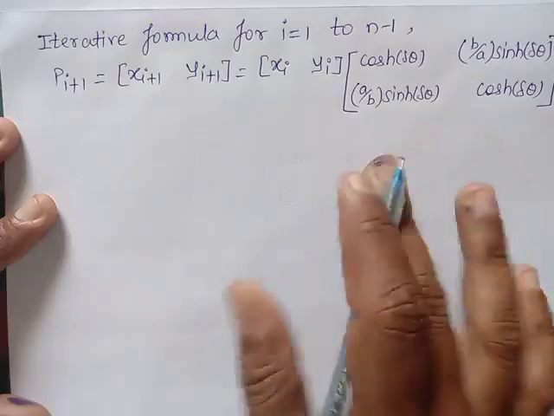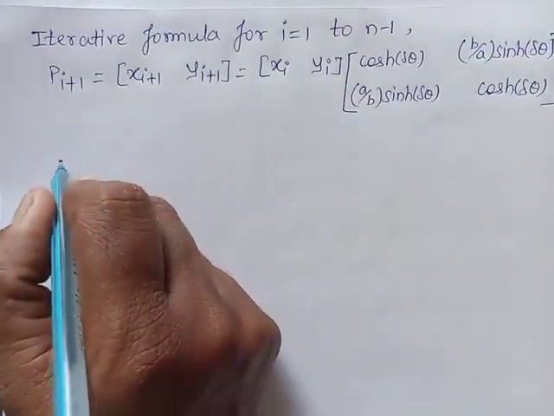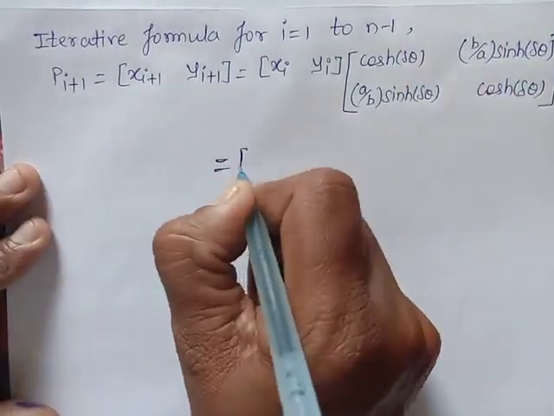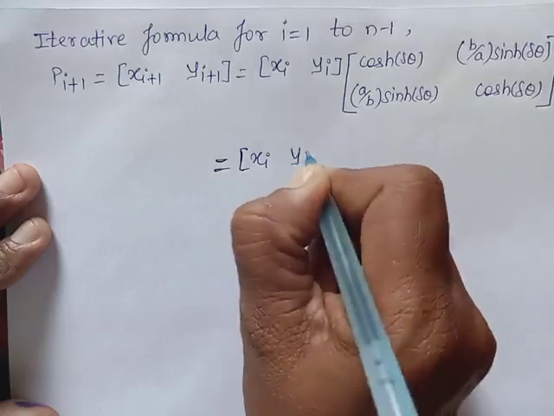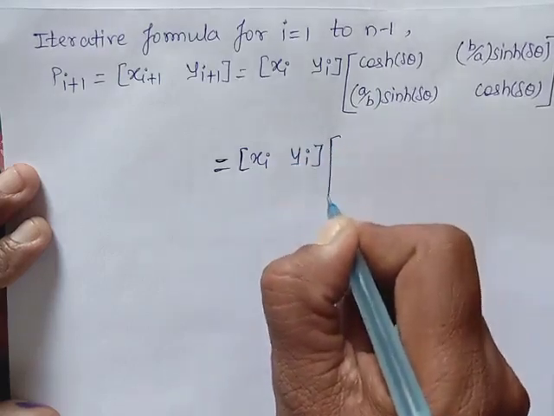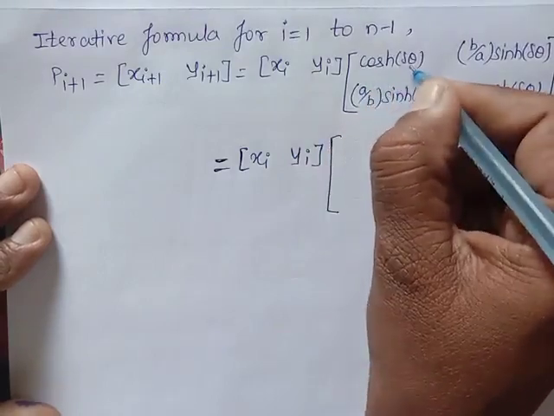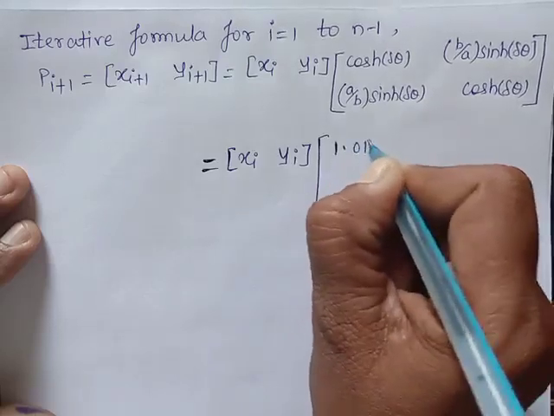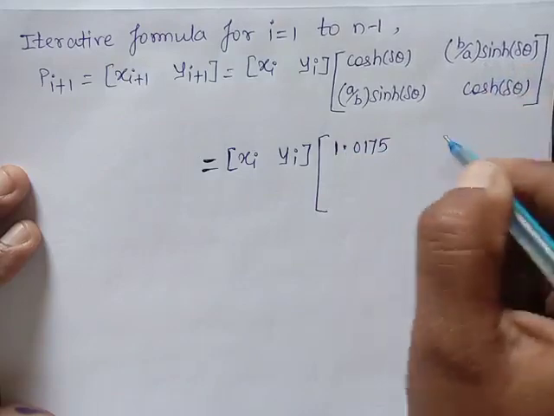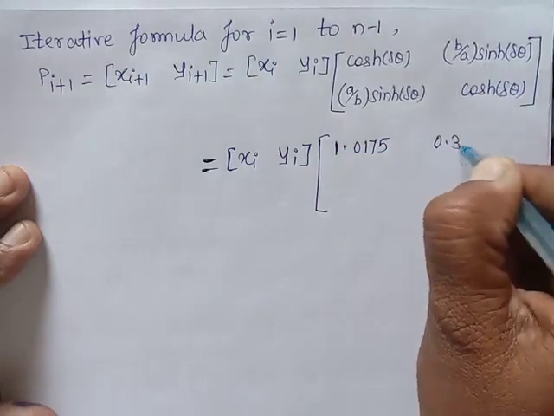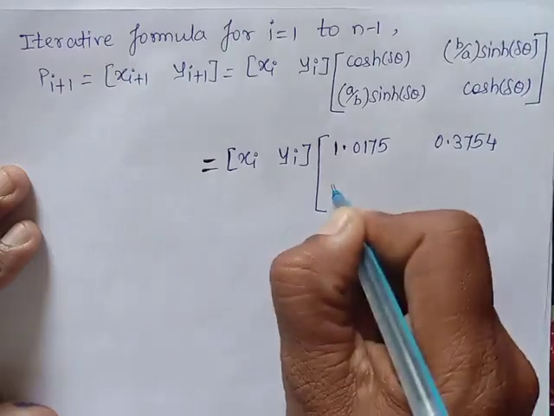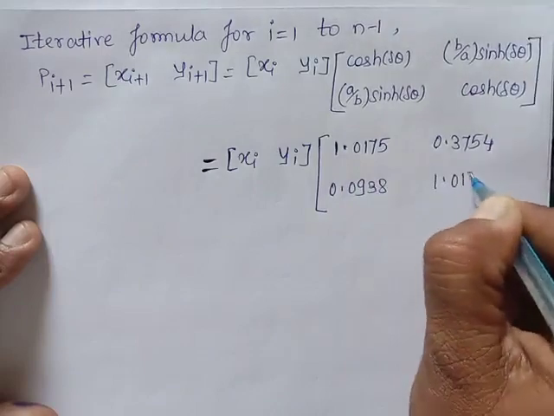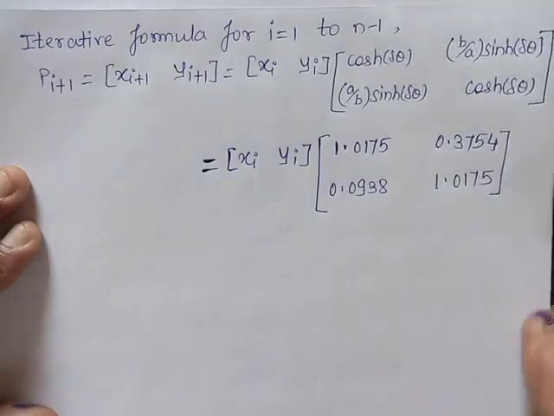Okay, so put the values here and get the answer. First of all, let me put delta theta and simplify it. Substituting the value of delta theta and obtaining cos hyperbolic of delta theta, we get 1.0175. Similarly b by a into this, we get 0.3754. Here 0.0938 and 1.0175. You can do it on your own, check that part.